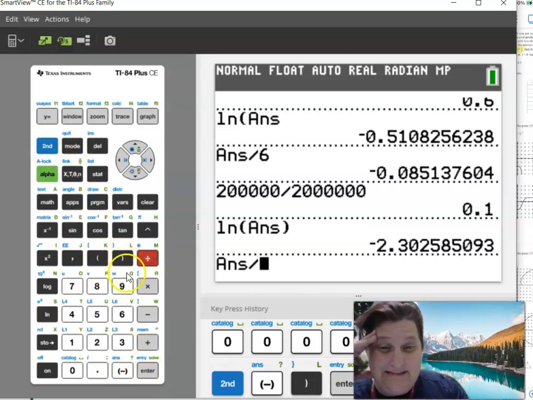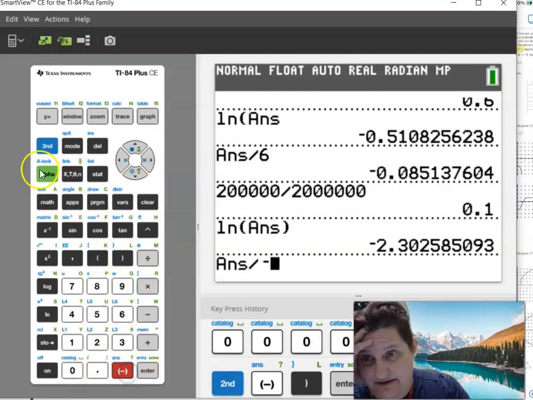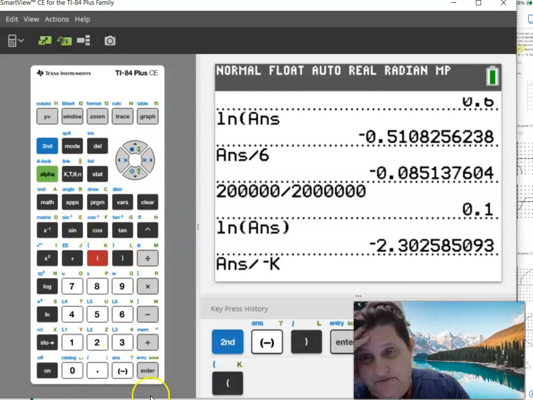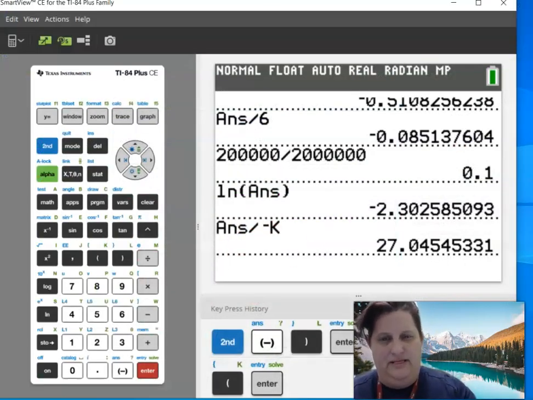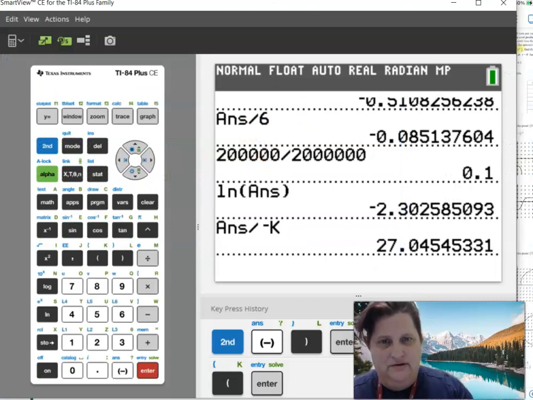Now remember how I messed up and I didn't have my k as a negative? Can you guys forgive me and can I just put divided by k, but I put a negative in front of it. Okay, so my mine will be profitable for 27 more years. 27.045 to be completely accurate.